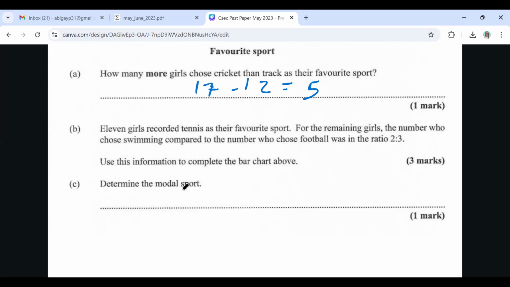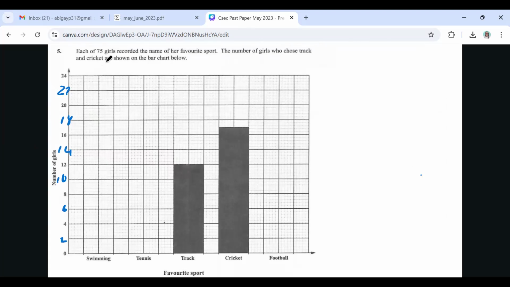So 11 girls recorded tennis, and the remainder choose swimming or football. Based on our information, there are 75 girls.